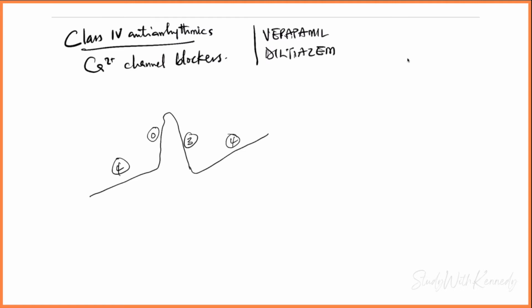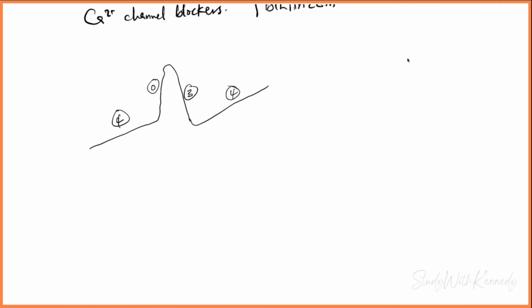When someone takes these medications, what changes do we expect to see? Or what changes do we actually see? First, there is a slow rise of action potential. If you remember what we said before, phase 4 was calcium channels.